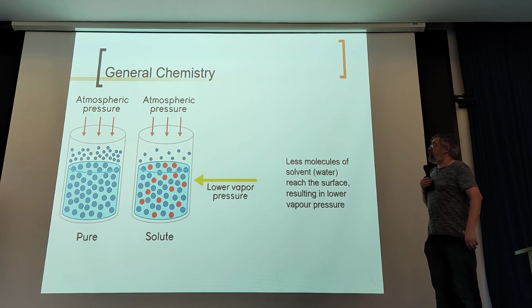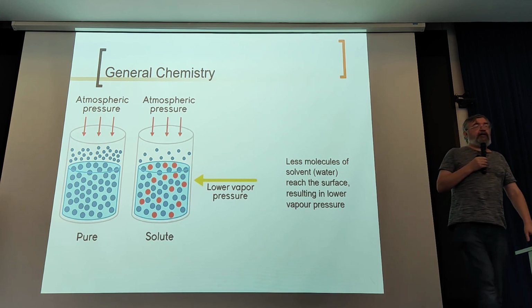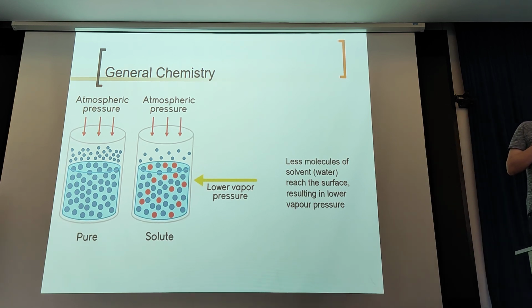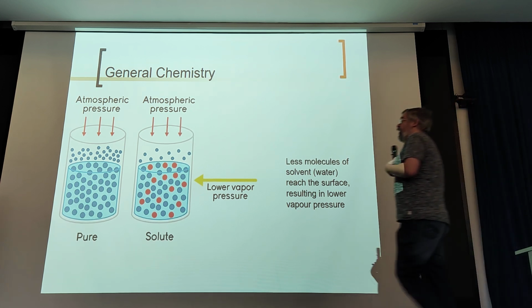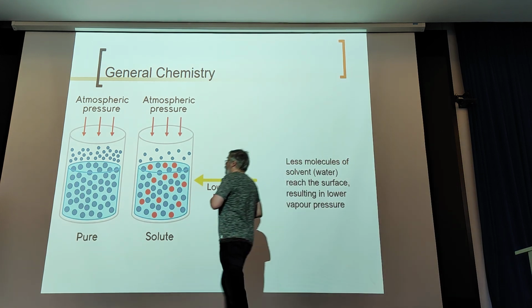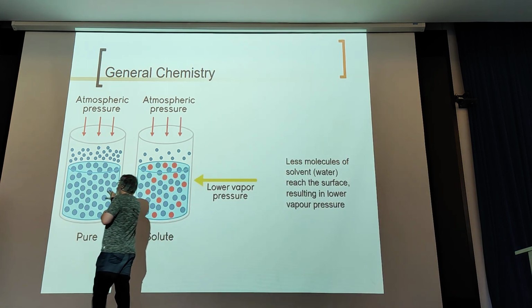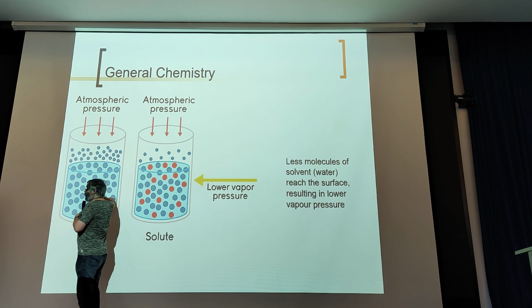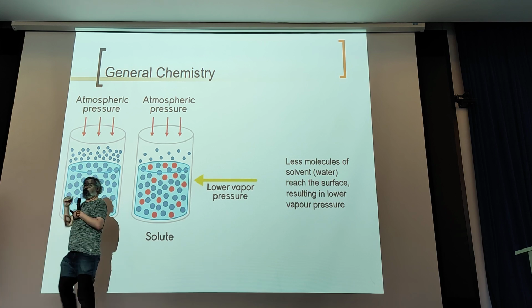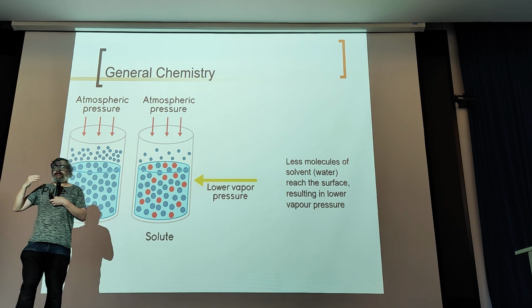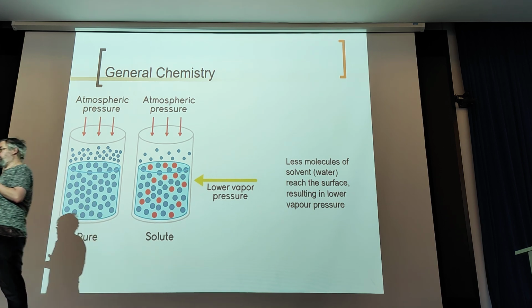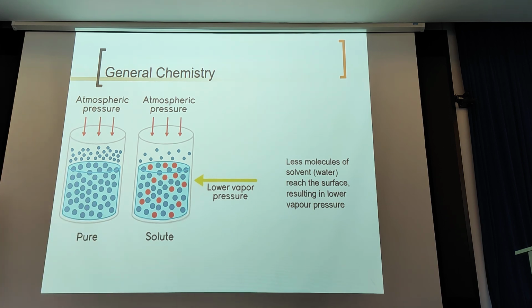Now, I'm just showing you a picture that shows you the idea behind the lowering of this vapor pressure. What is actually happening: where the solvent or the liquid comes into contact with the air, particles might go up into the gas according to the amount of the vapor pressure.